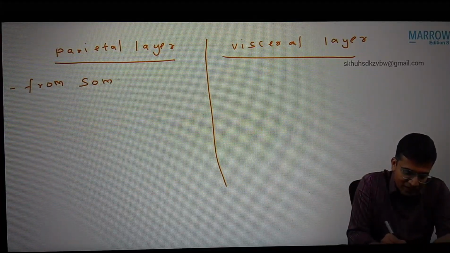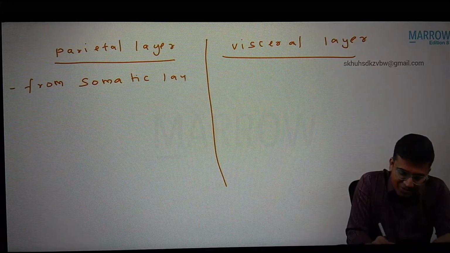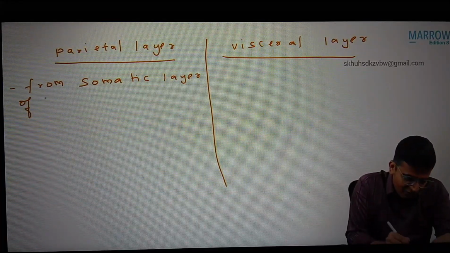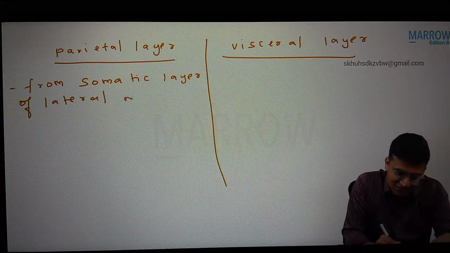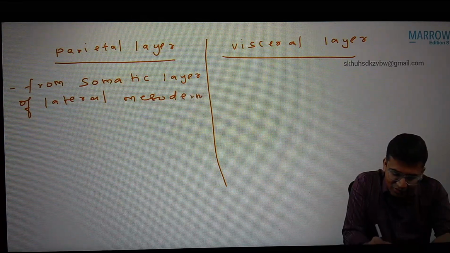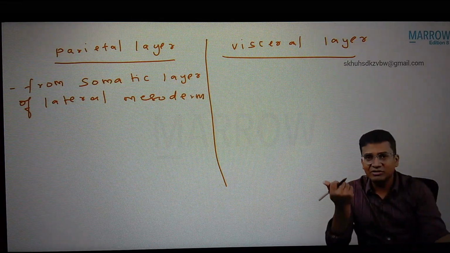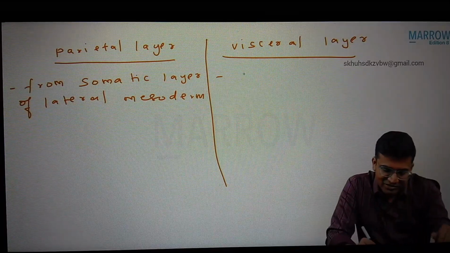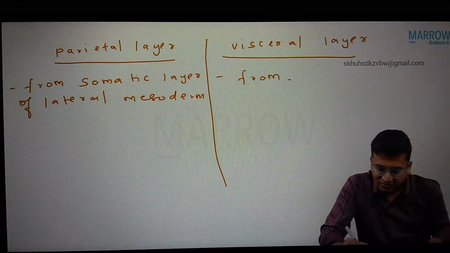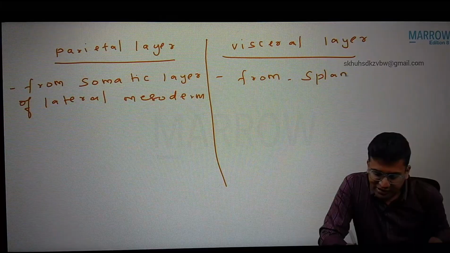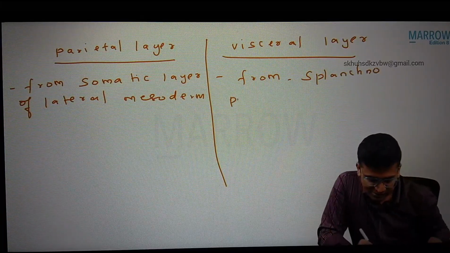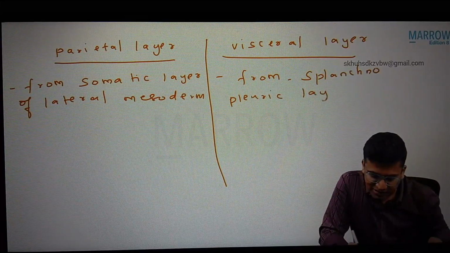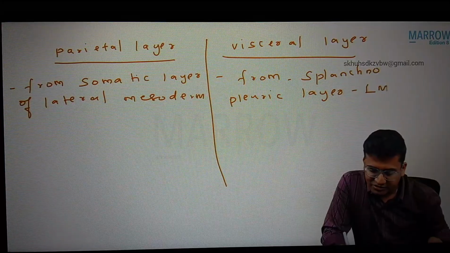I hope you remember. Now what about the visceral layer? It comes from the splanchnopleuric layer of lateral mesoderm.